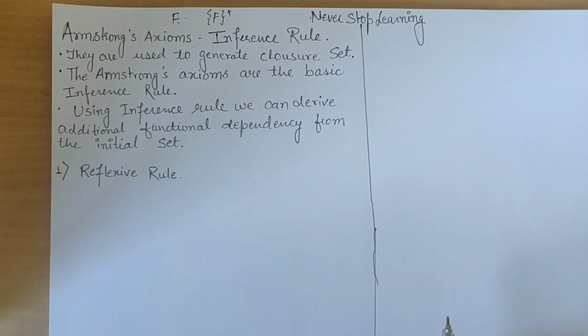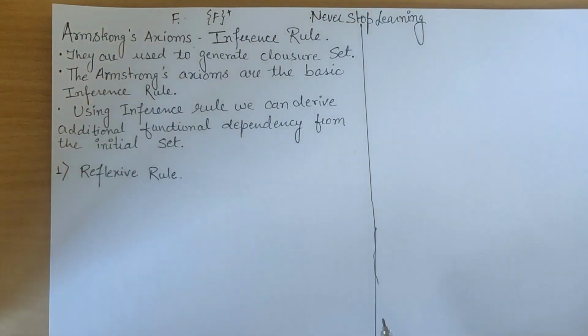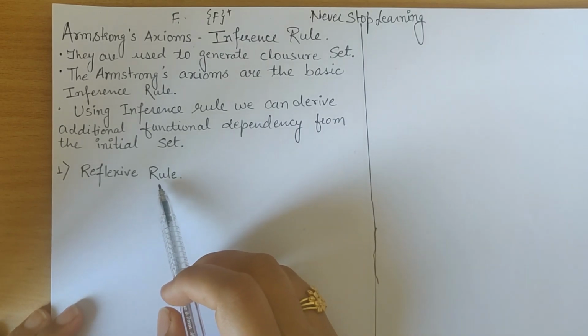Now, there are six rules. A few are known as basic rules or primary rules, and there are three types of primary rules. First let's see those three primary rules, and then we will talk about the other rules. The first primary rule is the reflexive rule.